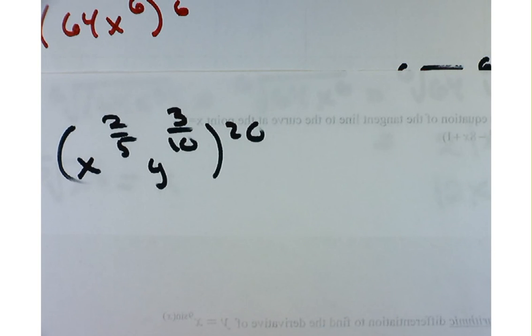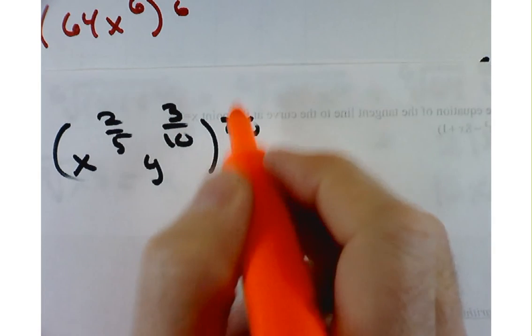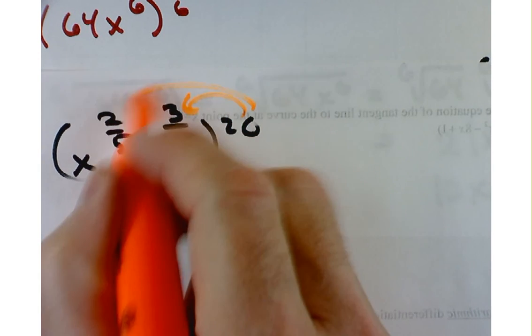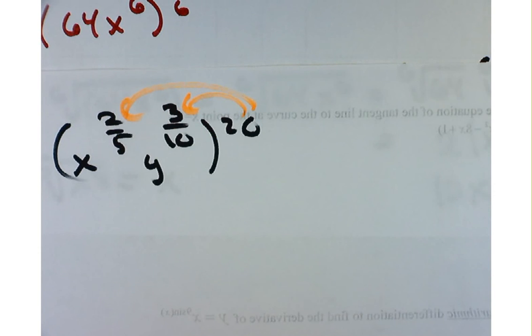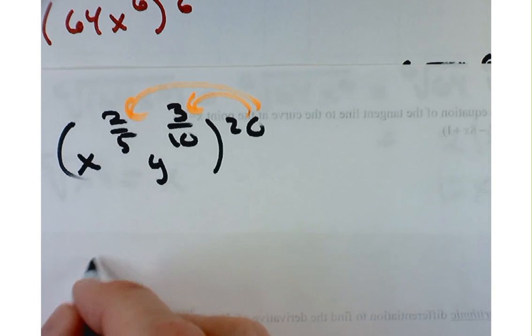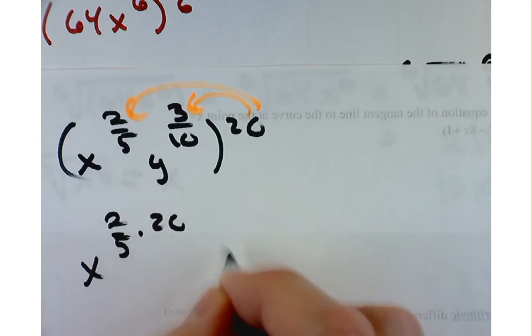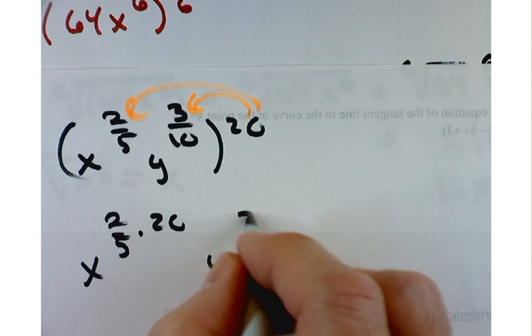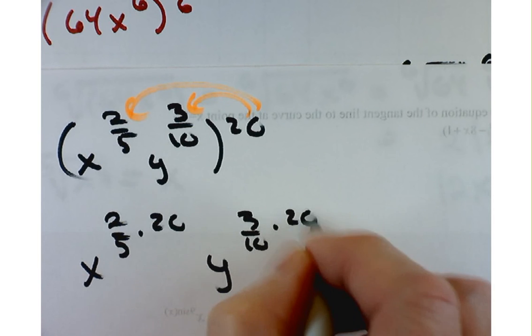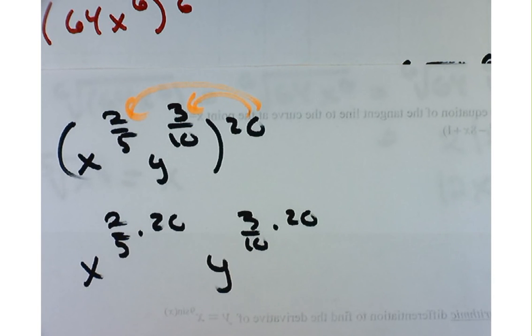Add, subtract, multiply, or divide? Multiplies. So it's going to multiply here and here. So you're going to get x to the 2/5 times 20, and then y to the 3/10 again times 20. Now notice I'm writing the 20 next to the numerator here.